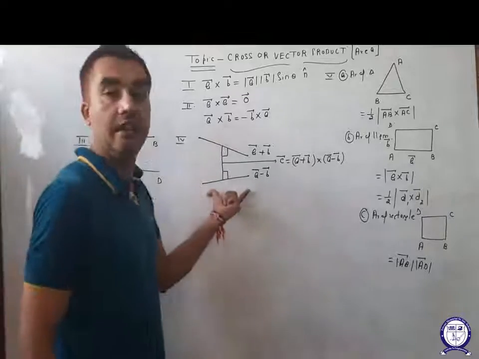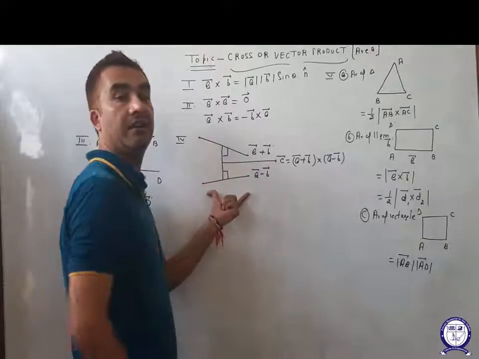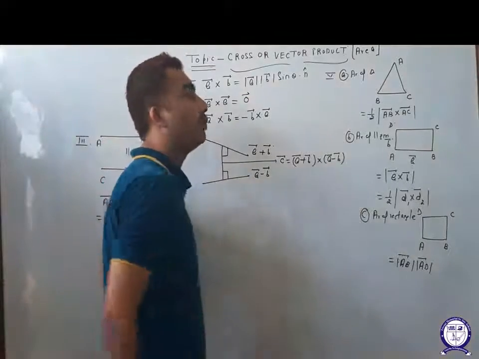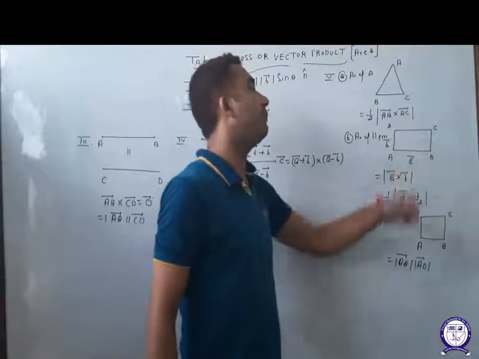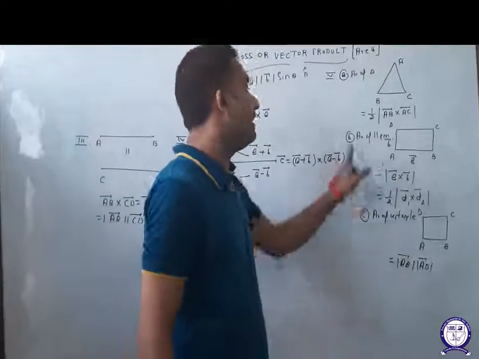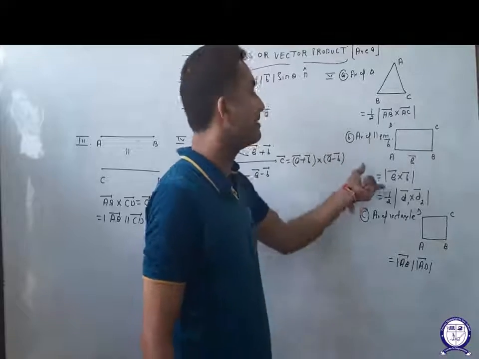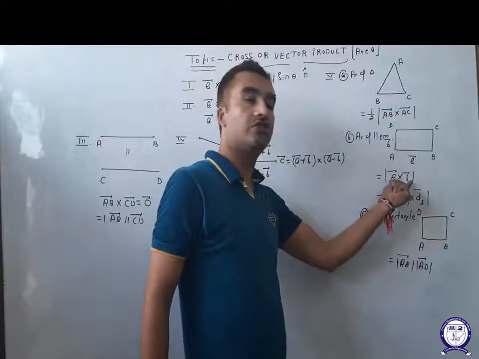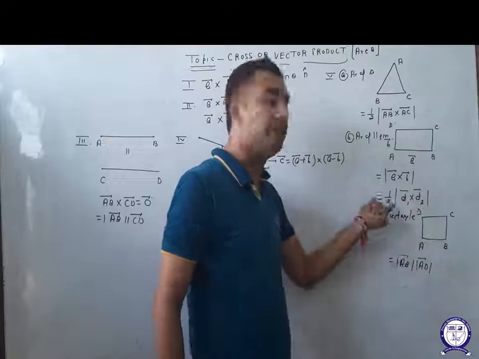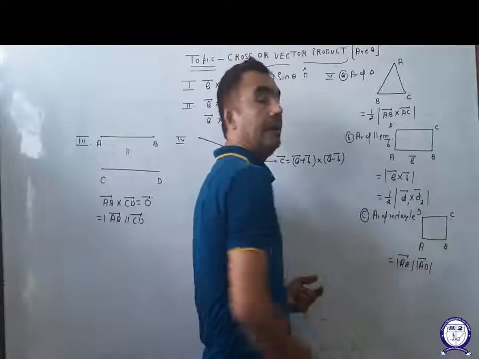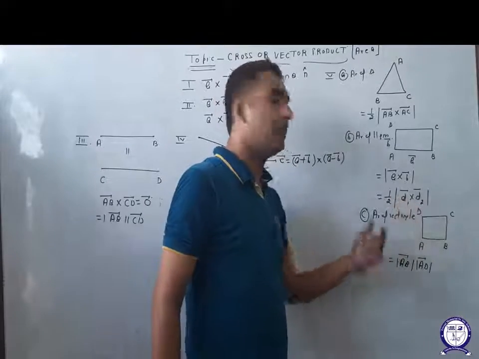If you need a single vector which is perpendicular to both vectors, then it will be the cross of both vectors. Area of triangle will always be half magnitude of AB vector cross AC vector. Area of parallelogram: if adjacent sides are given, then cross of both sides and its magnitude. If diagonals are present, then half will be there: cross of both diagonals, get their magnitude multiplied by half.